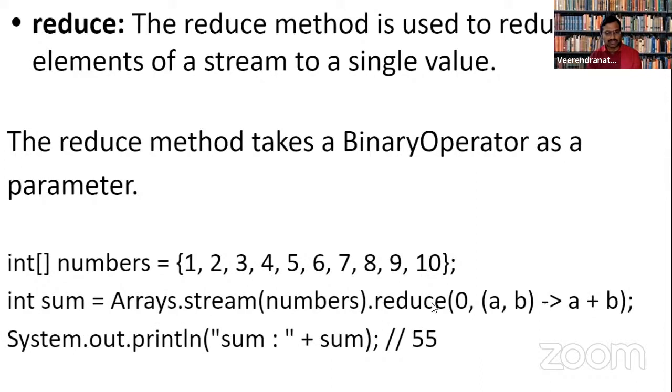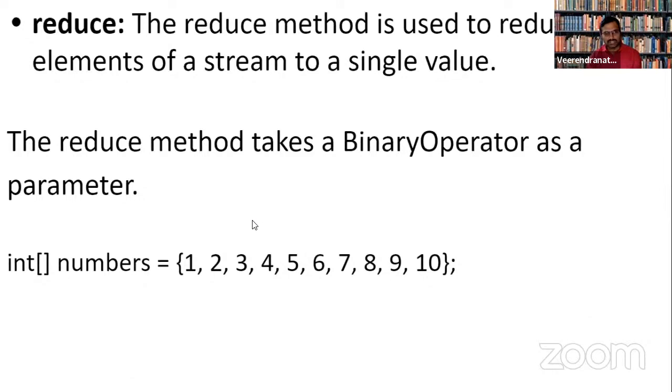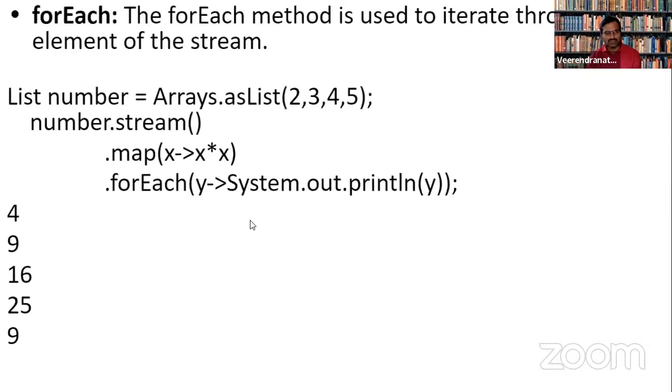So this is how we dealt with all the terminal operations. What all have we talked about? The reduce operation, which is a terminal operation, and forEach, which is also a terminal operation. Then we had a discussion on collect, which is also a terminal operation.